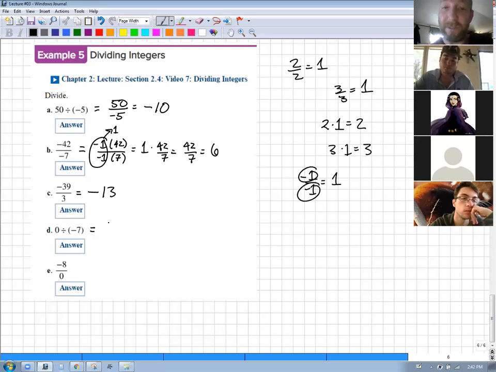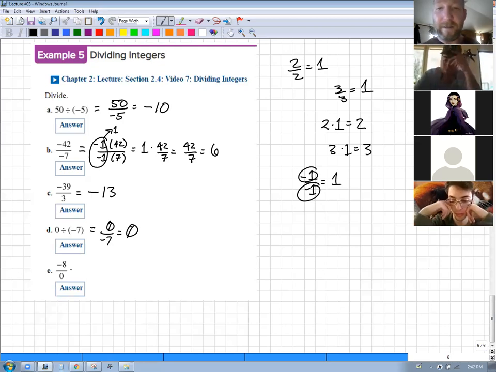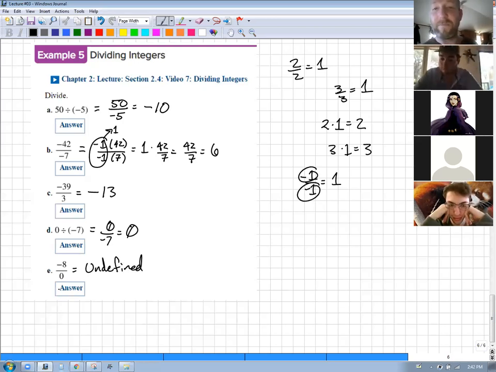Here we have 0 divided by -7. How many times can you pack any number into 0? 0. Right? 0 divided by anything other than 0 is 0. So part E here, -8 divided by 0, this is undefined because you cannot divide by 0.